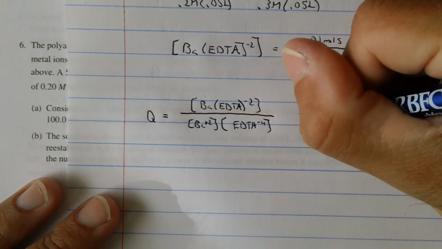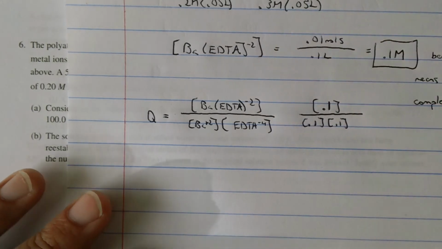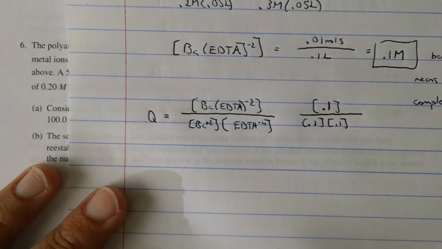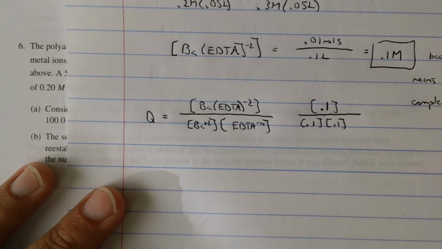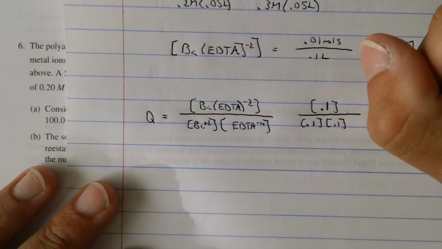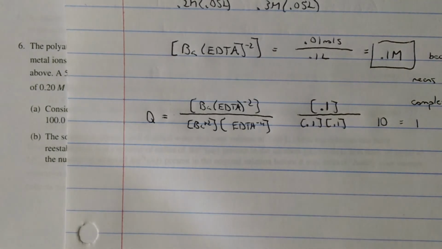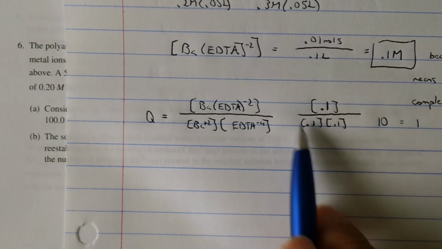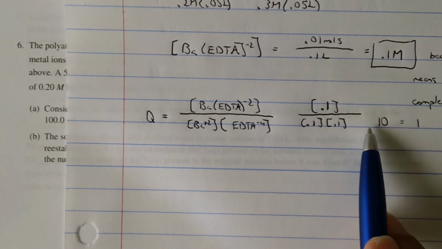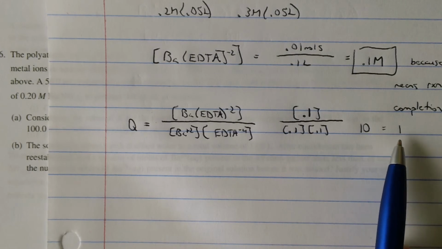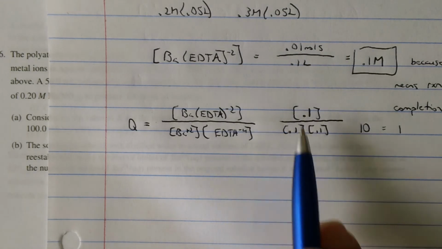The bottom one's also lowered down to a tenth of its original concentration, which means what happened to the Q value? That's 0.1 divided by 0.01, and so that gives us 10 compared to the original, which would have been just 1. Changing everything by a tenth of those concentrations makes the Q value 10 times bigger than the K value. The K's not 1, the Q's not 1, it's a little shortcut for us. We just need to know that it's 10 times greater.